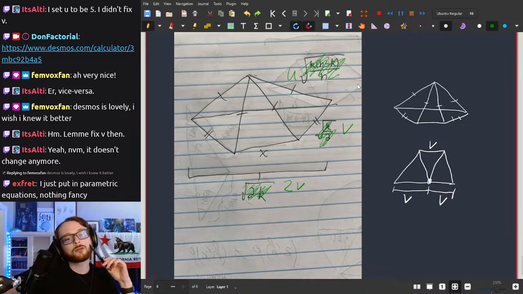I wonder, is there a simpler version of the problem we could solve? What if U equaled V?